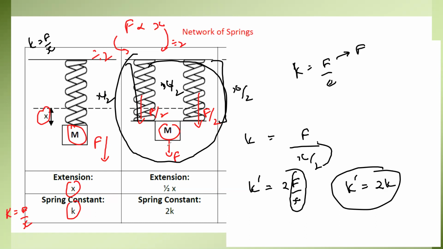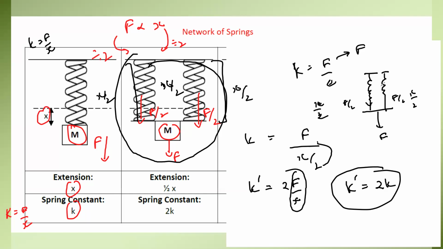When we calculate the extension, we calculate the extension for the system. So when a force F is applied, each spring will experience a force of F by 2. So each spring has an extension X by 2.